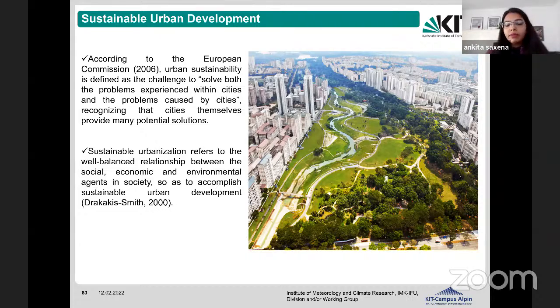For example, a single land can be used for urbanization, but can also be used for producing solar energy, solar photovoltaic potential. So a single land can be used for the solutions also.